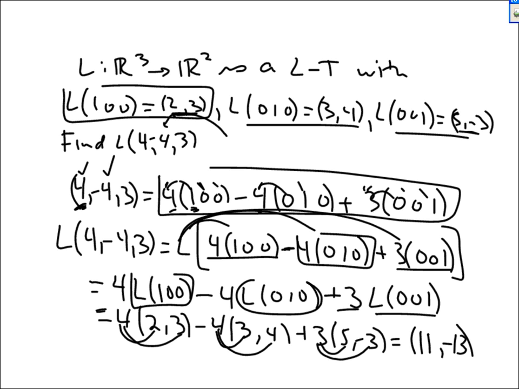So there it is. And I don't even know the definition of the linear transformation. Don't know the definition, but yet I can still do it. Let's look at another problem.